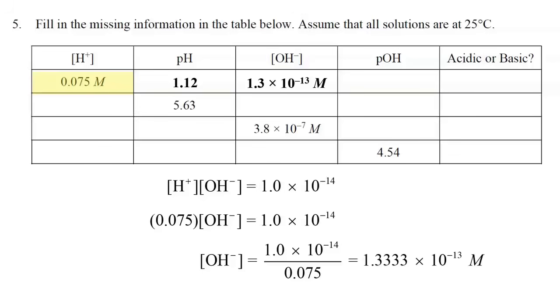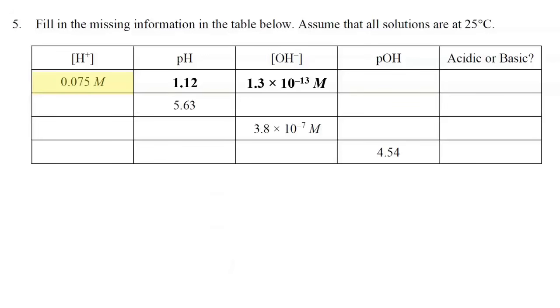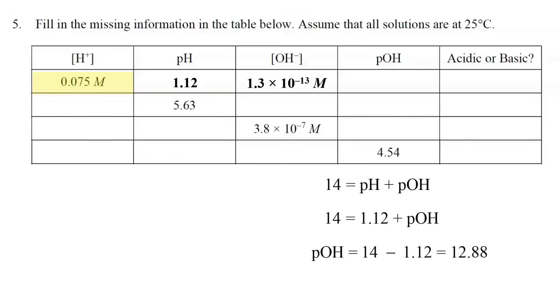Now for the pOH, I could either take the negative log of the concentration of hydroxide, or I could realize that pH plus pOH equals 14 at 25 degrees Celsius. Since I already know the pH is 1.12, that means that the pOH is 14 minus 1.12, which is 12.88.